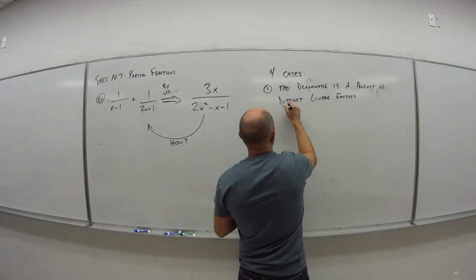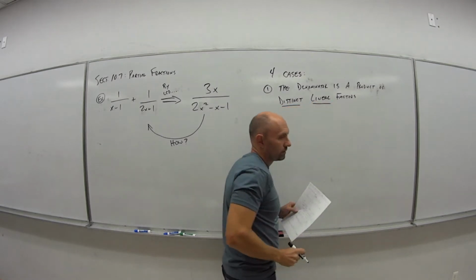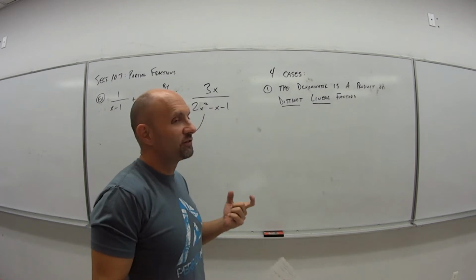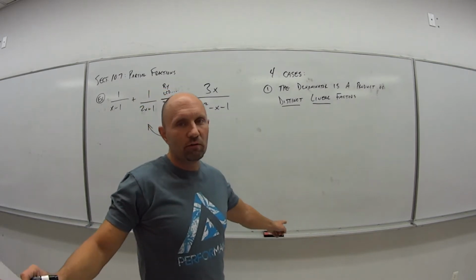The key here is distinct linear. Linear means what? x to the first degree. Distinct means what? None of them are the same.